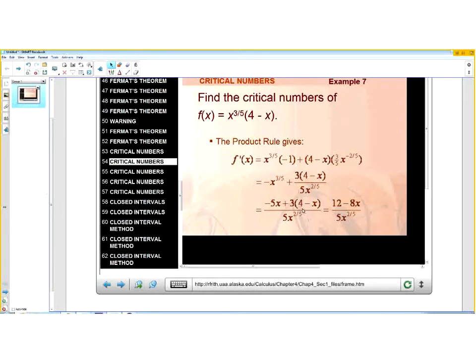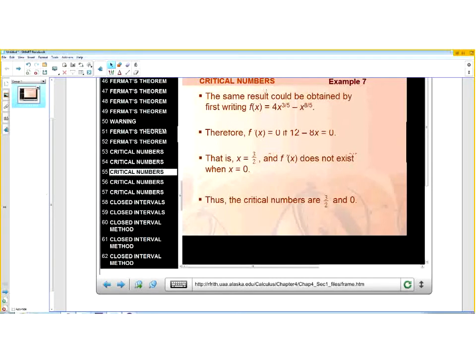Now I can tell you what the next slide is going to say. It's going to set the numerator equal to 0, and set the denominator equal to 0, and solve those two equations. We'll get two values of x, which constitute the critical numbers. Here's another alternative. f prime of x is equal to 0 if 12 minus 8x is equal to 0, or x is equal to 3/2.